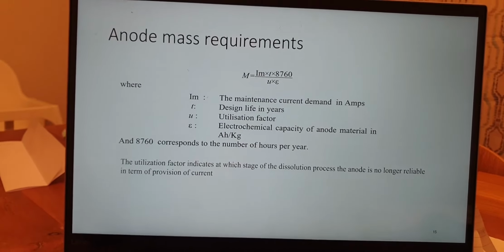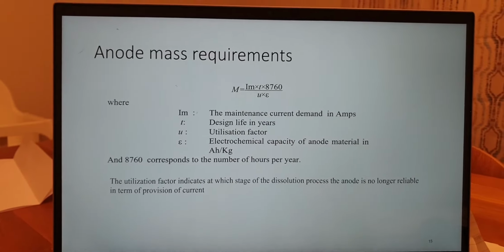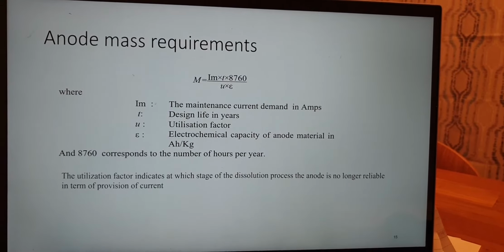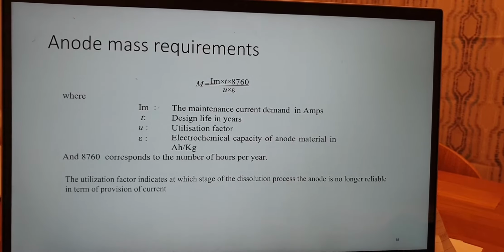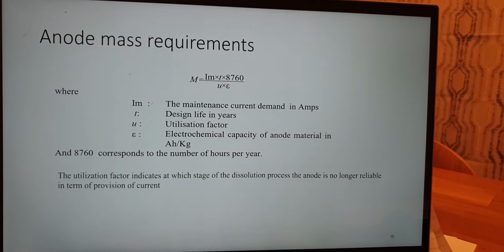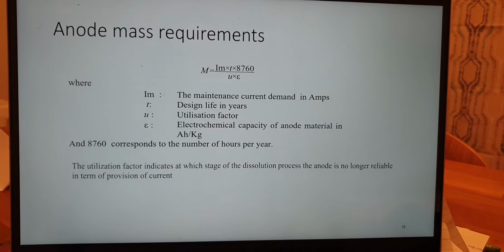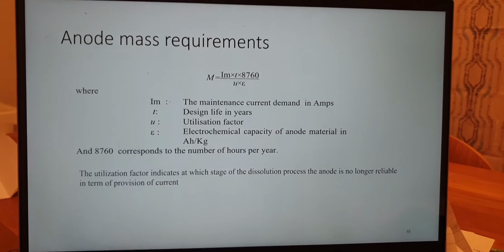The mass is defined by the maintenance current demand in amperes, the design life in years, the utilization factor, and the electrochemical capacity of the anode material in ampere-hours per kilogram.